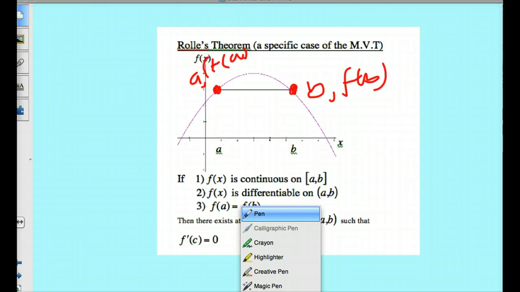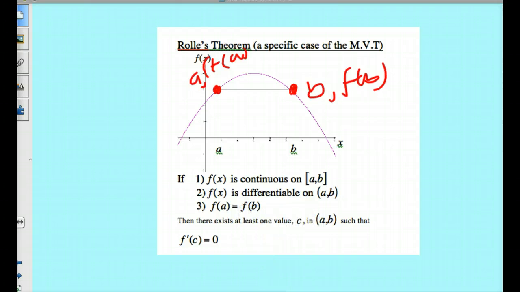If I then connect these dots, I notice that I'm going to draw a horizontal line. Well, what do we know about horizontal lines? Good. We know that the derivative of a horizontal line, or the slope of a horizontal line, is equal to 0.